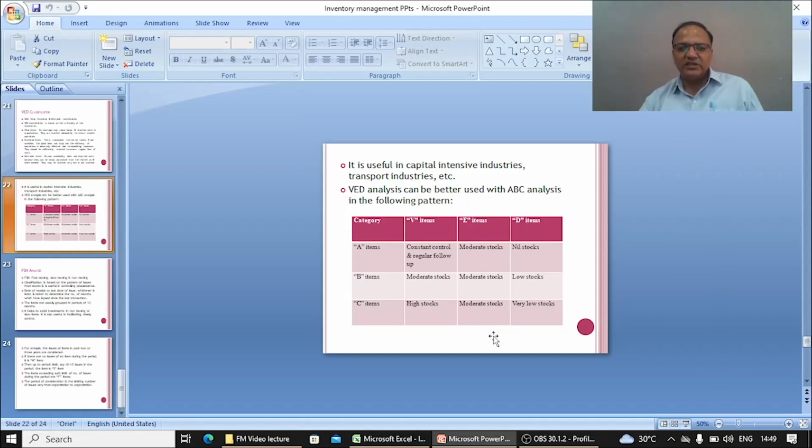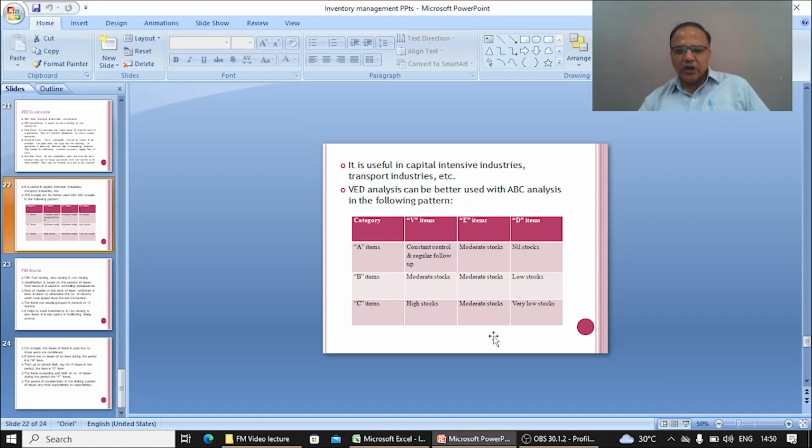VED analysis can be better used with ABC analysis in the following pattern: A items, B items, and C items, its category, and V items, E items, and D items.